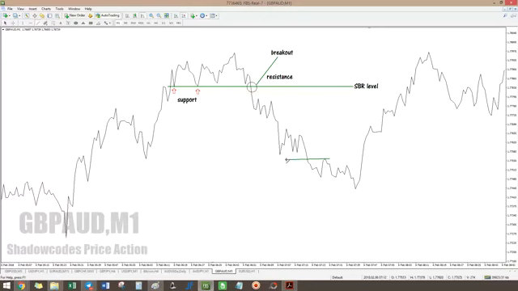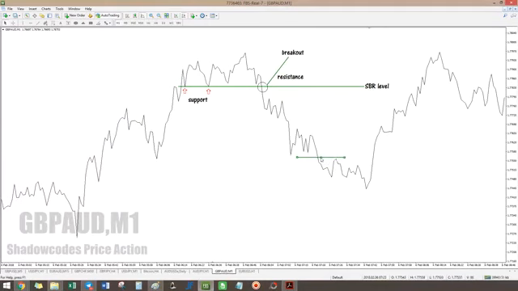This is wrong. This is not a correct way to mark the SBR RBS level. You must take it from the left to the right, not from the right to the left. So from left to right, change it.